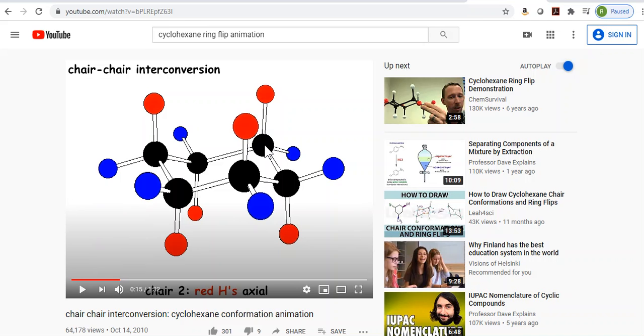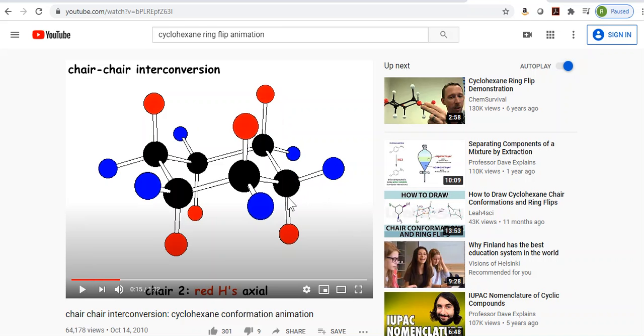And now look what happens. All of the red axial hydrogens are now equatorial, and the equatorial hydrogens are now axial. The other thing to notice is that if it was axial up, now it's equatorial going up.